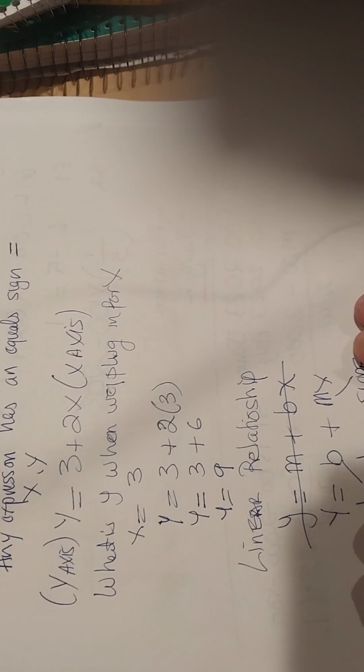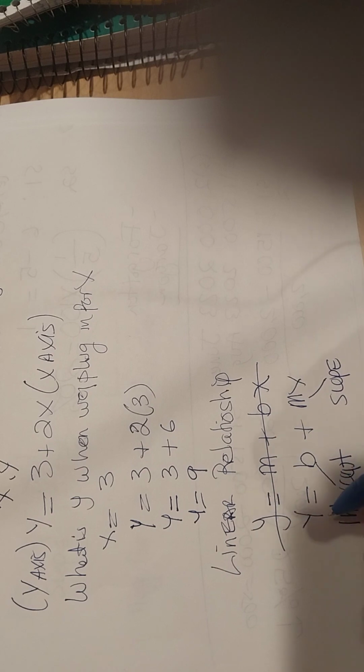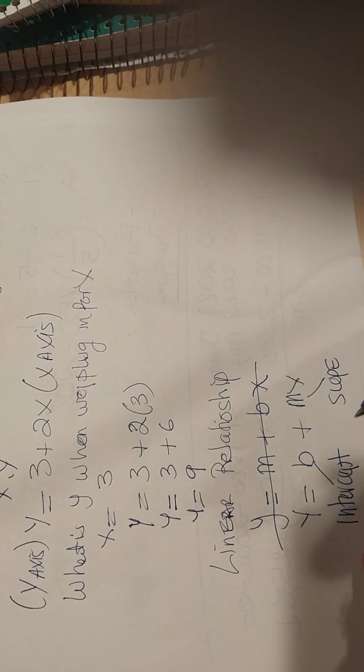So this is a linear relationship, which means that y, whatever is on the y-axis, is equal to something called the intercept. And up here, 3 would be the intercept, and m is the slope. All right.